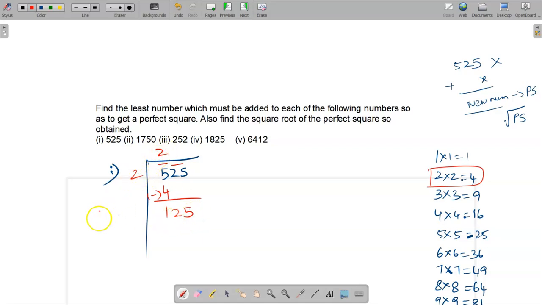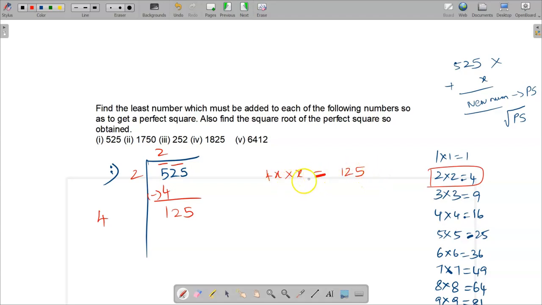Now 2 plus 2 is 4. With the 4 I have to write some value x, and multiply by the same value, such that I should get 125. Since 525 is not a perfect square, I will not get exactly 125, but somewhat nearby.